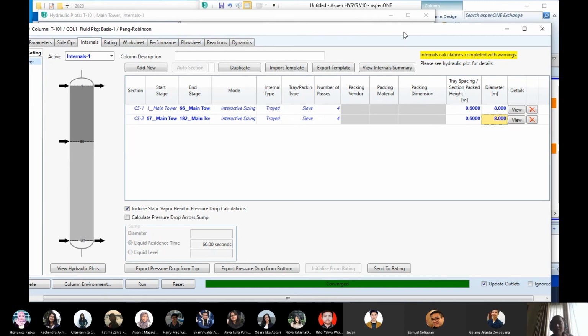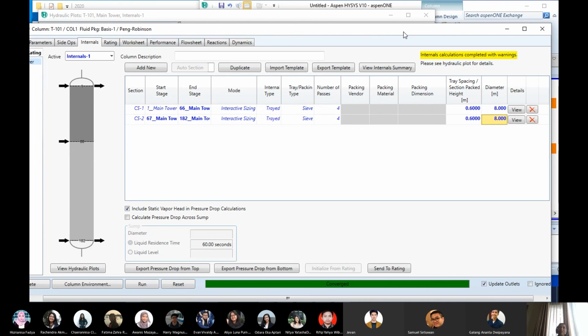So this is the evaluation that I usually conduct for evaluation of the column. Actually, for the evaluation of the column, there are two types of evaluation that we have to do. First is the hydrodynamic evaluation, and the second is the performance. For next weeks, we will learn about the performance, how to maintain the purity, and etc. But these two evaluations will be conducted in parallel.